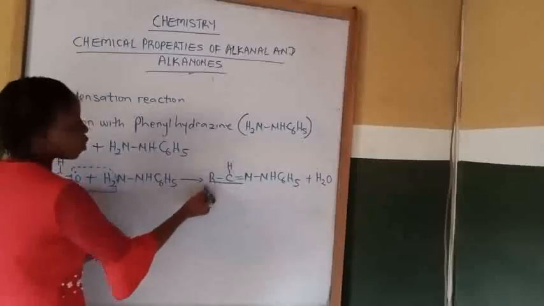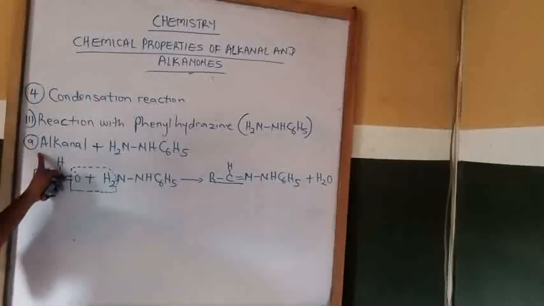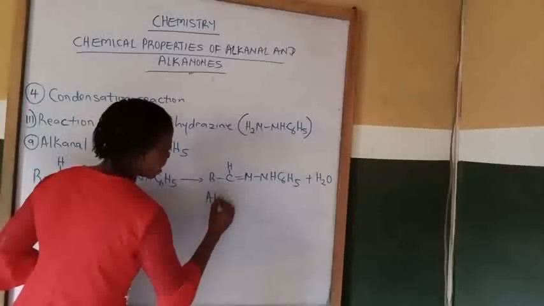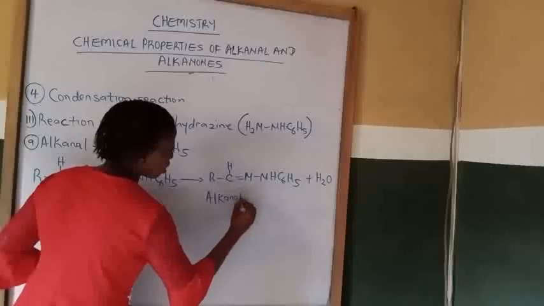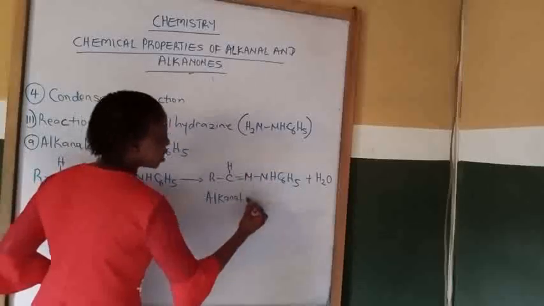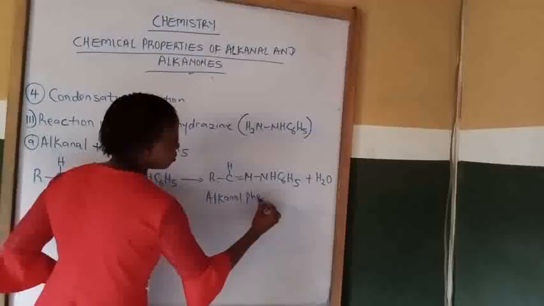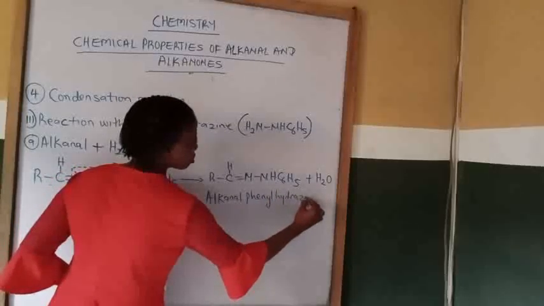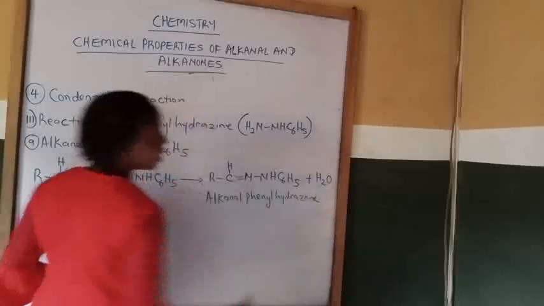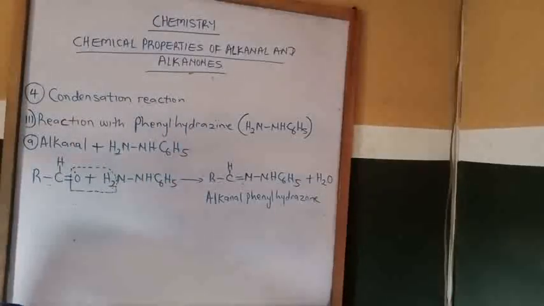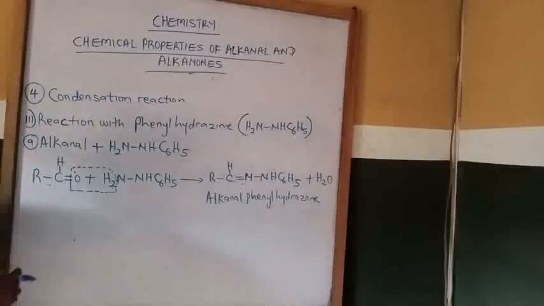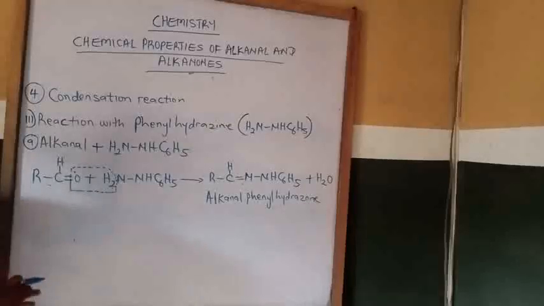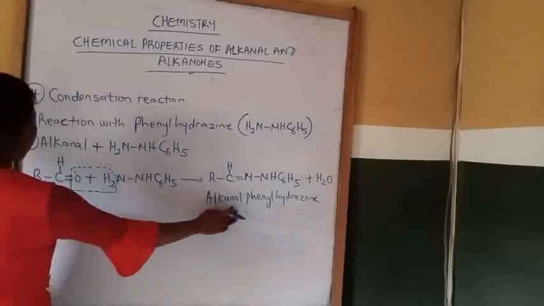This structure is from an alkanal, so we call it alkanal vinyl hydrazone. So let's take a named alkanal so that I will be able to name our product.